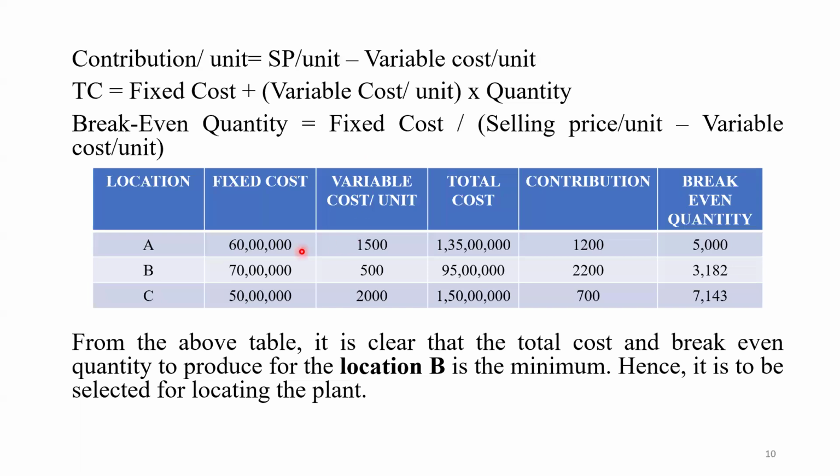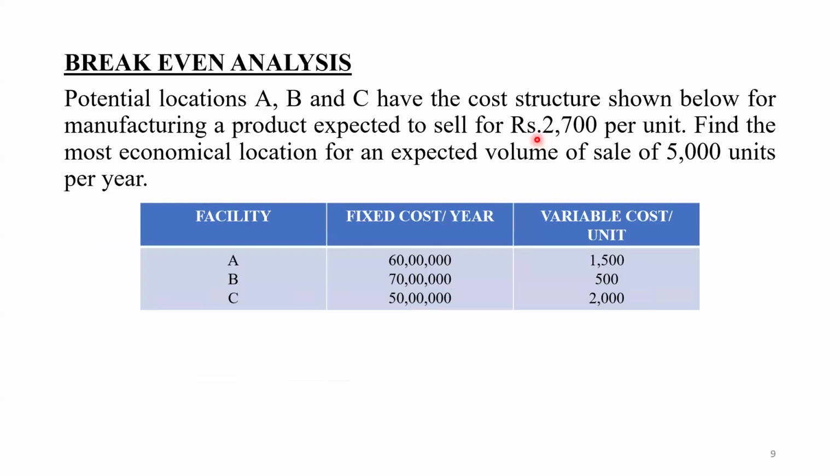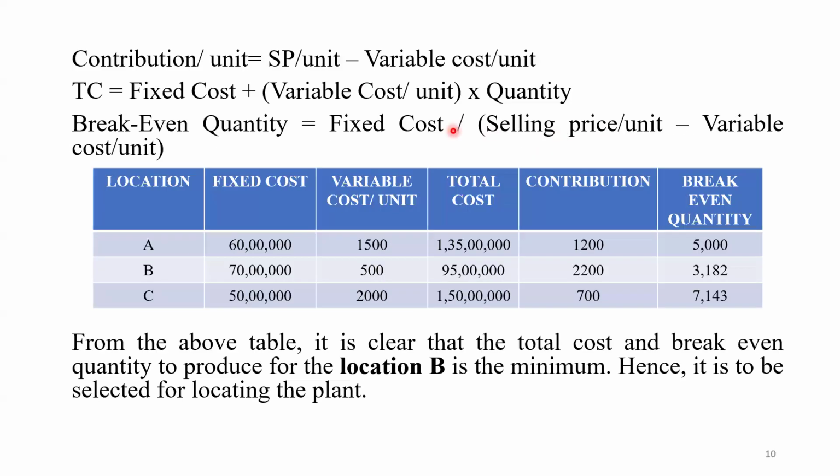So fixed cost, my 60 lakh divided by selling price, 2700 is my selling price, 60 lakh divided by 2700 minus variable cost 1500. So if you do so, you'll be getting 1200. So for break even quantity, 1 crore 35 lakh divided by 1200, you'll be getting 5000.